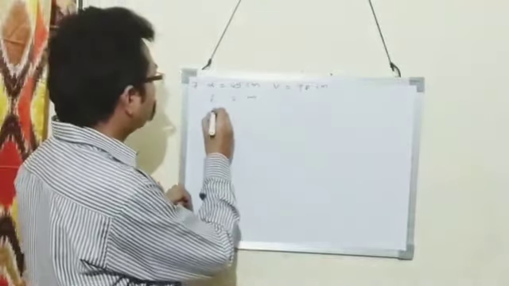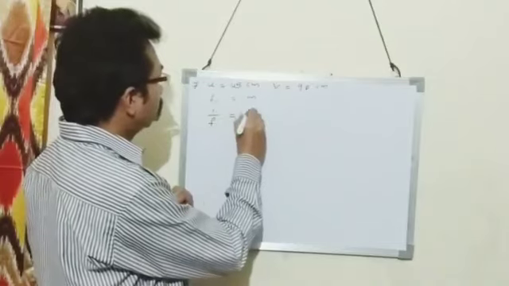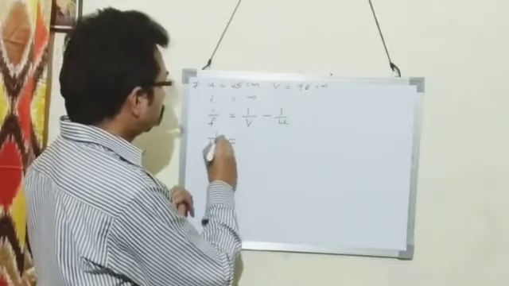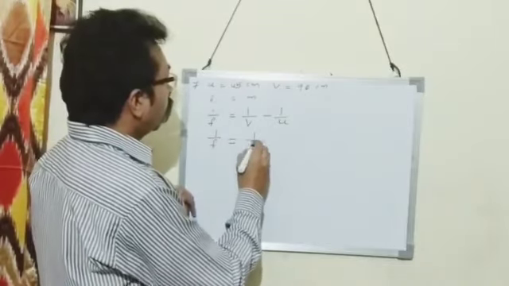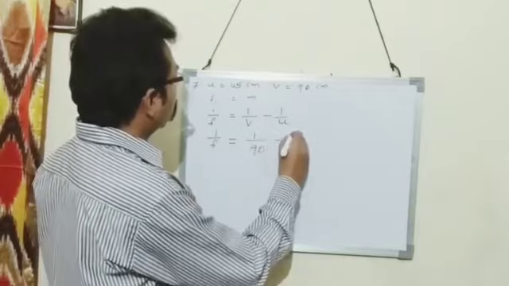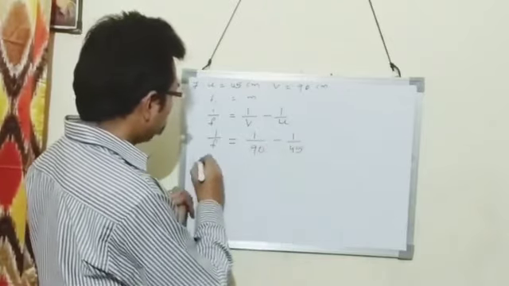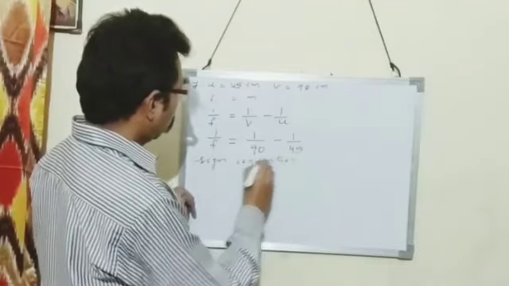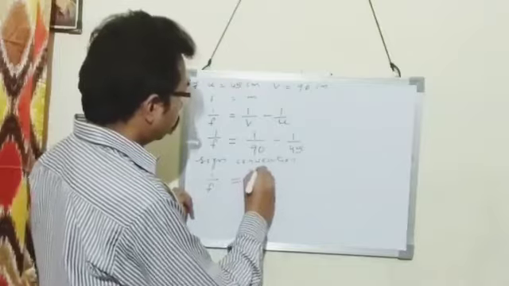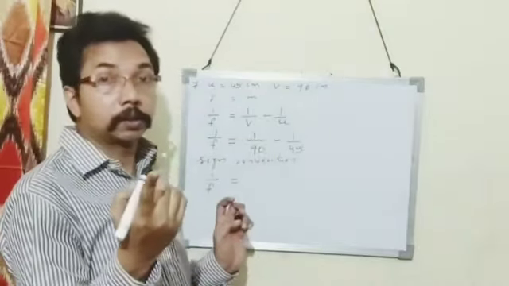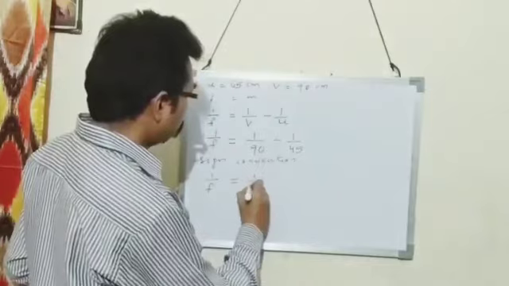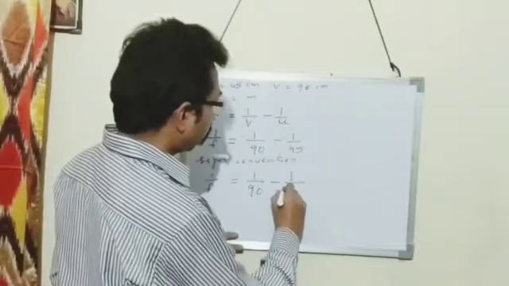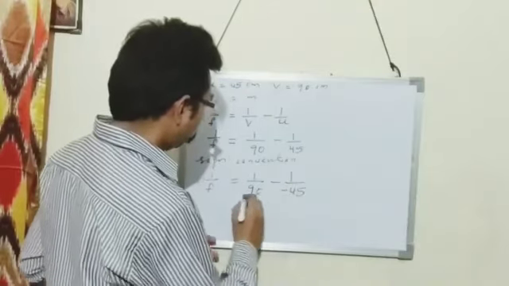First of all, we write the formula. 1 upon f is equal to 1 by v minus 1 by u. Now we substitute the values. 1 by f is equal to 1 by 90 minus 1 by 45. Now applying sign convention. V is measured in the direction of the incident ray, so V has a plus sign, and U is measured opposite to the direction of the incident ray, so there is a minus sign.